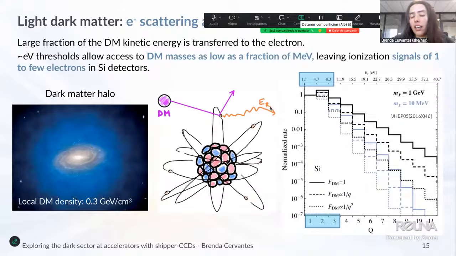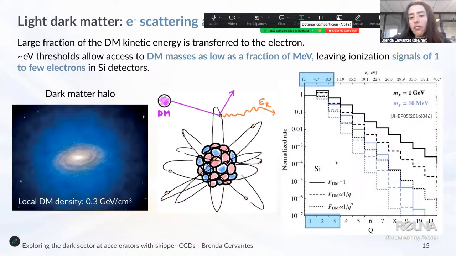In particular, in silicon, as we have electron volt thresholds, we have access to study dark matter particles of masses as low as a fraction of an MeV, which would leave ionization signals of 1 to a few electrons. In the right plot here, you can see the normalized event rate that different light dark matter particles would leave through electron scattering. Here we are considering 1 GeV and 10 MeV of mass.